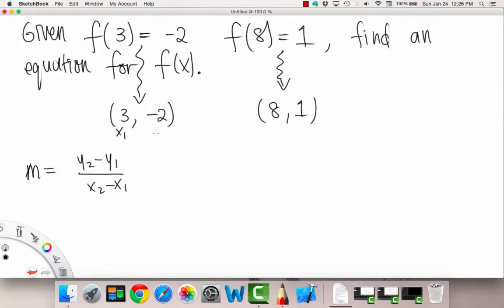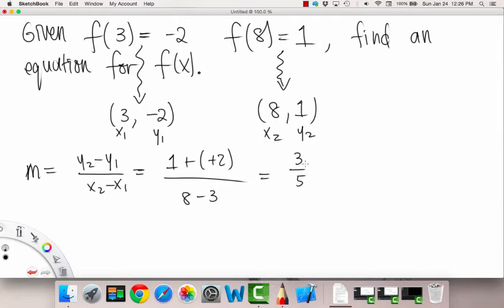So just for consistency, I'll make this x1, y1, and this one's x2, y2. Okay, so let's calculate the slope between these two points, alrighty? So this one's going to be, y2 would be 1 minus a negative 2, and then this is going to be over 8 minus 3. So this is 1 plus 2, actually, right? So that would be 3 over 5, okay? So our slope is 3 over 5.